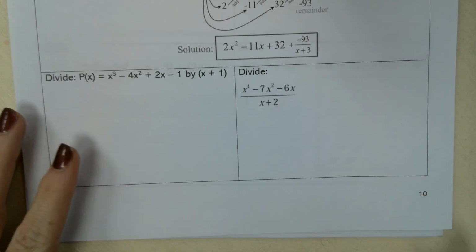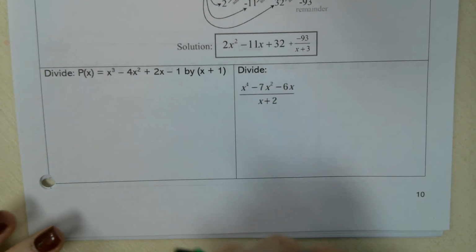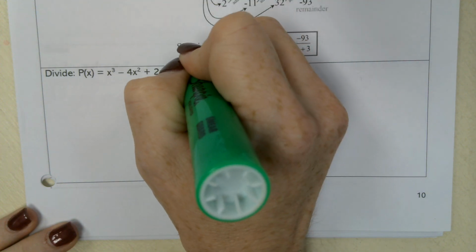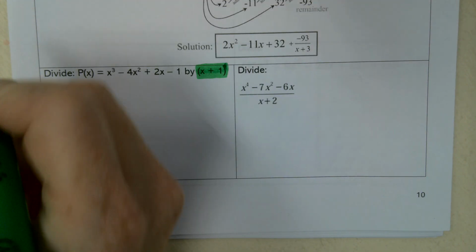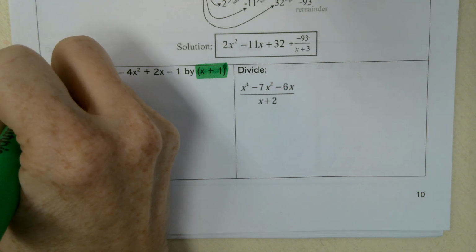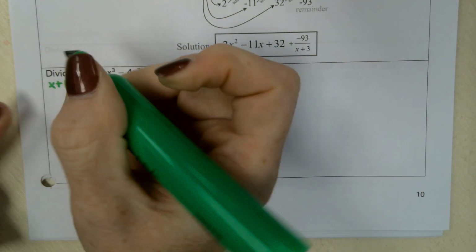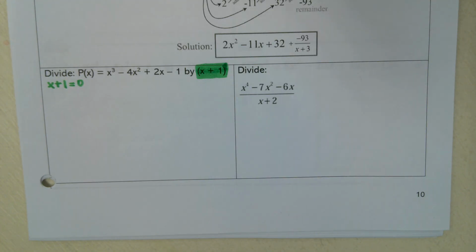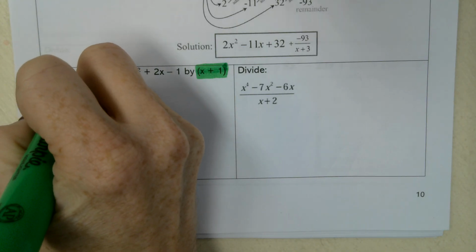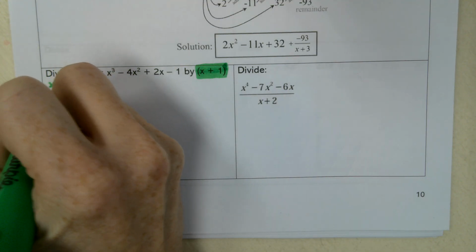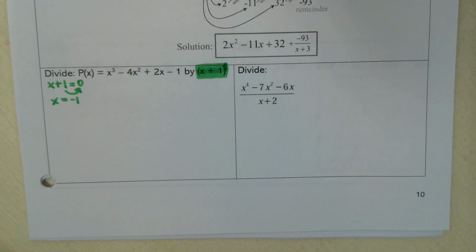The very first thing I need to do is take my divisor, which here is x plus 1, set it equal to 0, and solve for x. So I move that plus 1 over, and x equals negative 1.